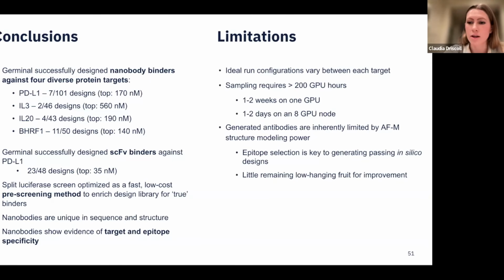If you have an inherently loopy target, it's going to be much harder to identify highly confident designs of the complex. Also, if you don't have a known biologically relevant epitope, it requires selecting the appropriate hotspot residues for design. And inherently the method is limited by AlphaFold-Multimer structural modeling power.